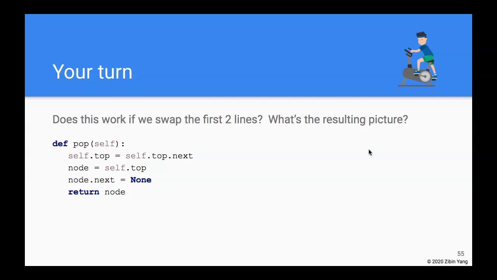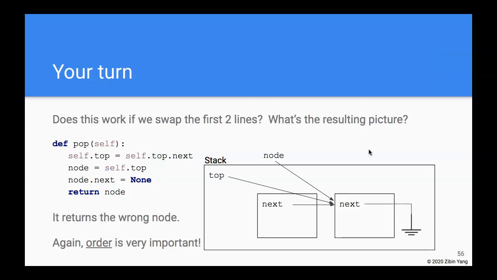Okay, so hopefully you have had some time to think about it. So here is what I drew up. In this case, it will do the wrong thing again, because again, order is very important. What happens here is when we say self.top equal to self.top.next, it makes the top point to the second node in the original stack.